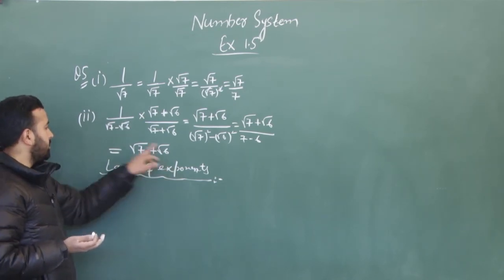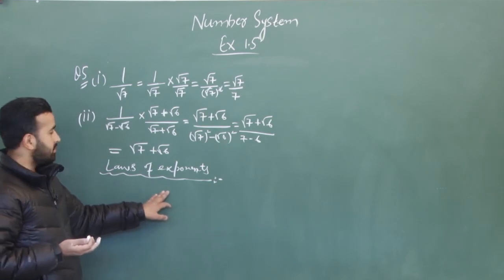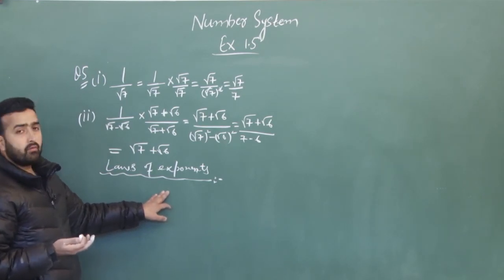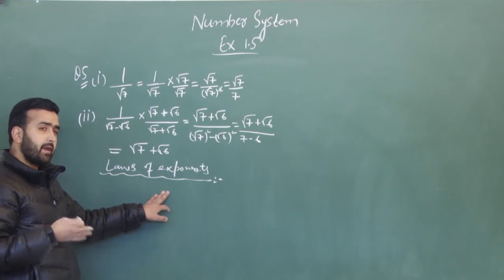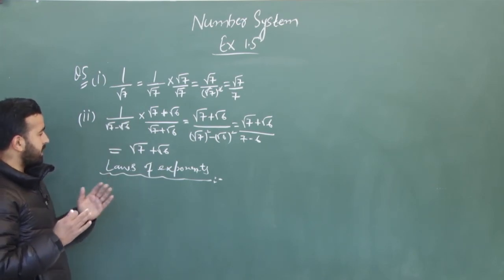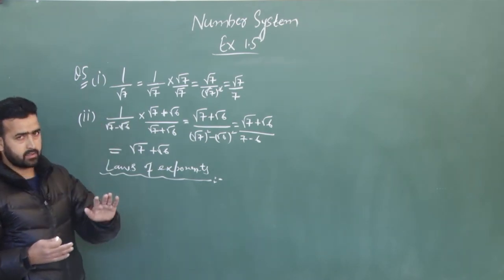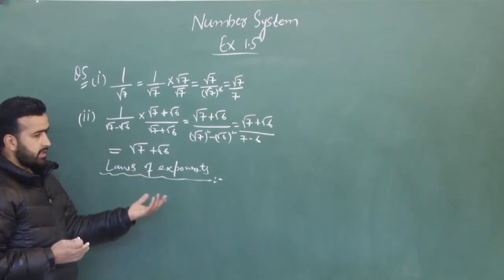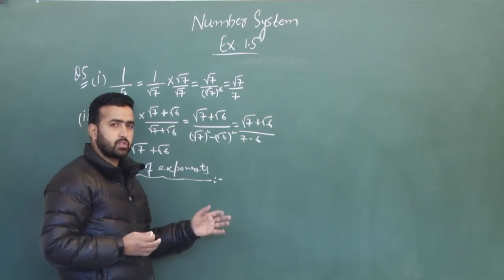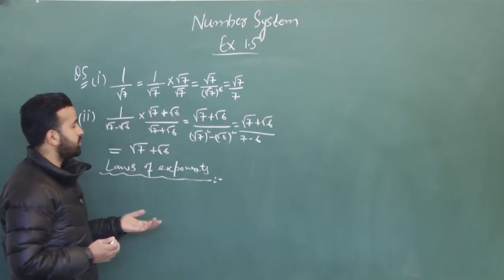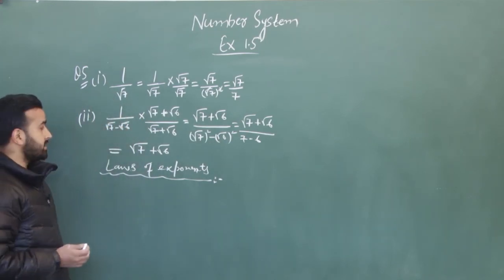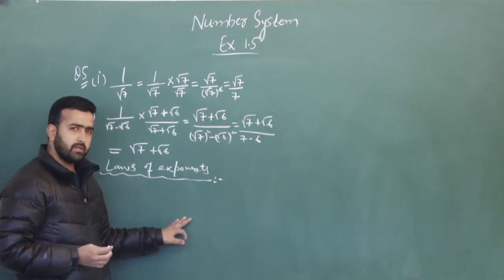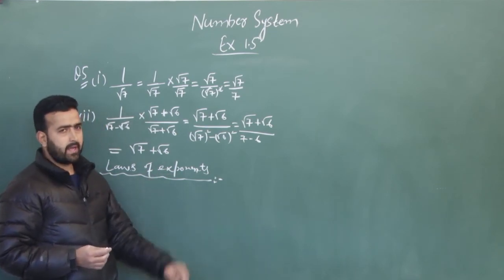Here we will be discussing numbers which are real numbers and rational numbers as well. That is the only difference. In class 8, we discussed the laws of exponents on natural numbers. Here we have to discuss them on real and rational numbers: real numbers as the base and rational numbers as the powers.